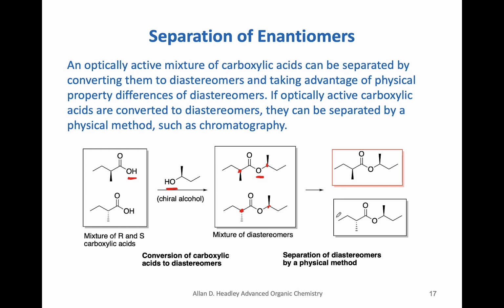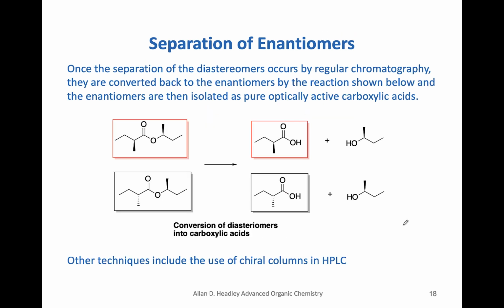Now we can carry out the separation by a physical method, typically by chromatography, to get container A and container B with the two diastereomers. What's needed next, of course, is to convert them back to the carboxylic acids, which is easily done by hydrolysis. So if you heat this up in an acid, H3O+, and heat, you get your acids back and your alcohol here in two separate containers, pure enantiomers.